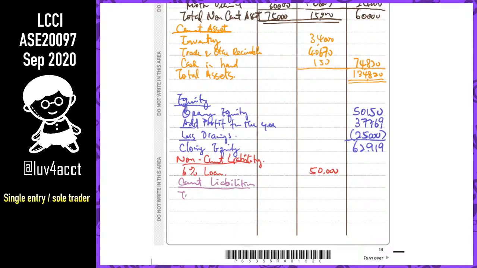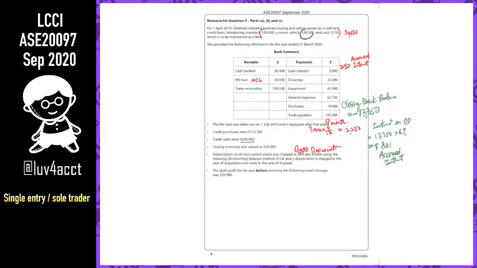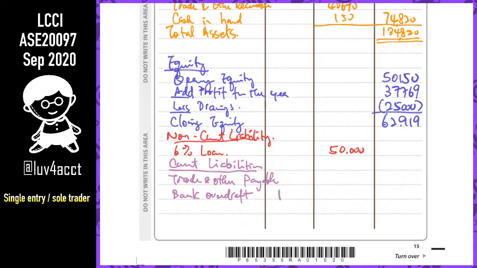We have two parts: trade and other payables, already calculated, and also bank overdraft. Trade and other payables 8,551, and then our overdraft 13,350.